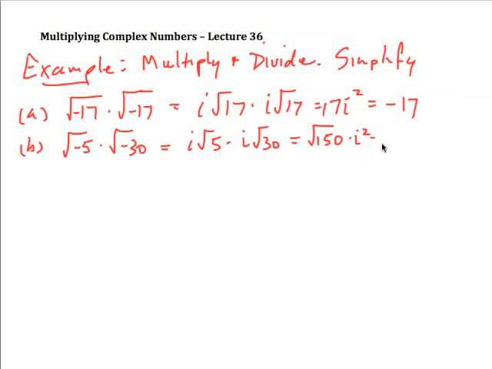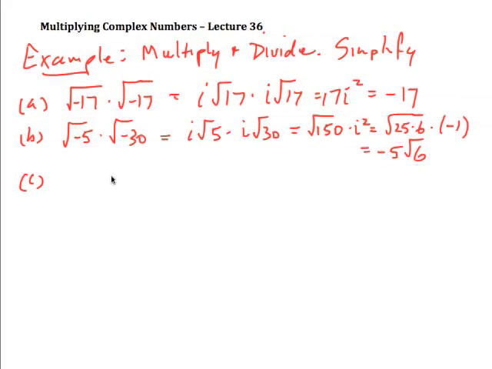With no 25s going into this, this will be the square root of 25 times 6 by negative 1, because that's what i squared is. So this will be negative 5 square root 6.